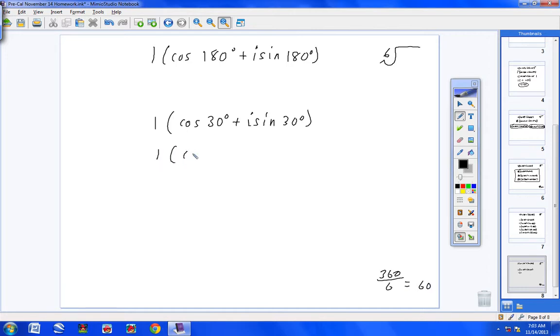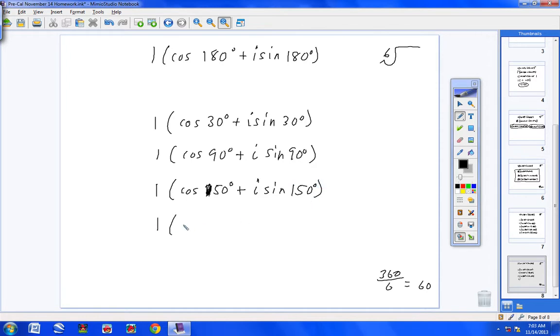So 1 cosine of 90 plus i sine of 90, and then 1 cosine of 150, excuse me, 150 plus i sine of 150. I knew something wasn't right there with that answer.